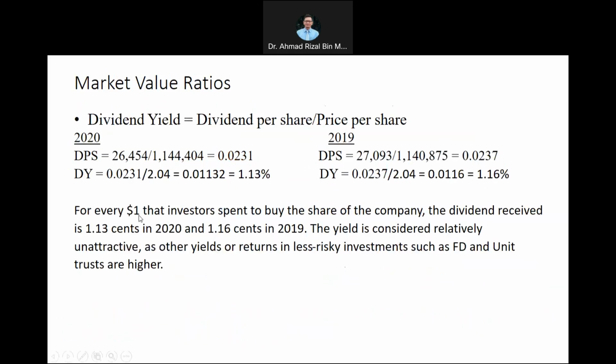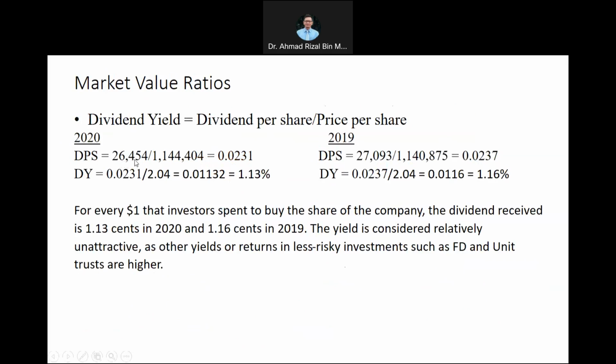Finally, another market value ratio which is normally used as well is the dividend yield, which is the dividend per share divided by the stock price per share. To do that, you need to calculate the dividend per share first.